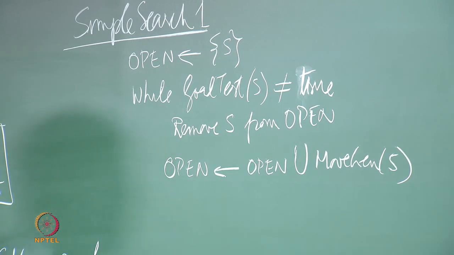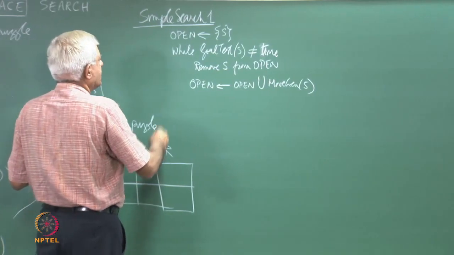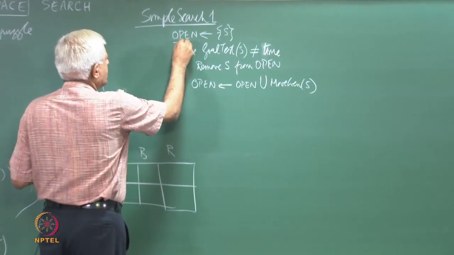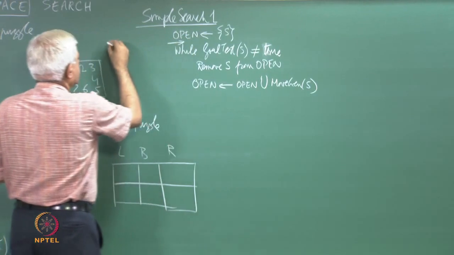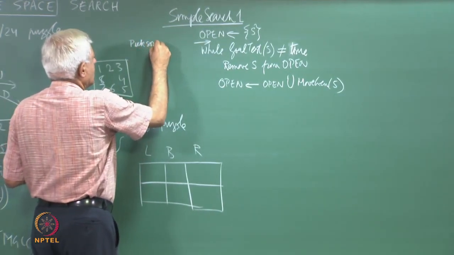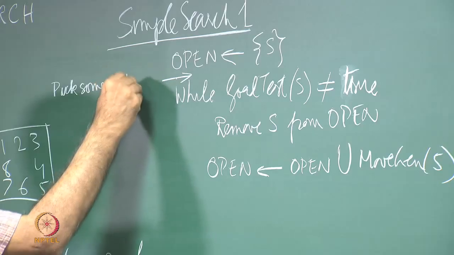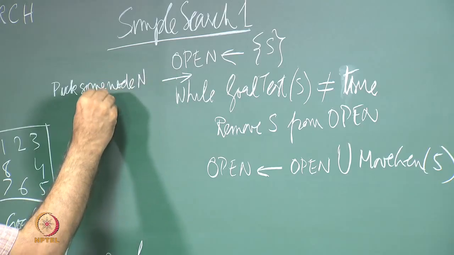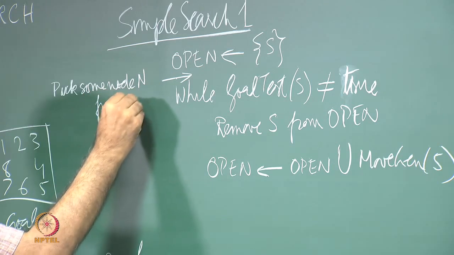Okay, so, I forgot one step, and the step that is going to be here is pick some node n from open.